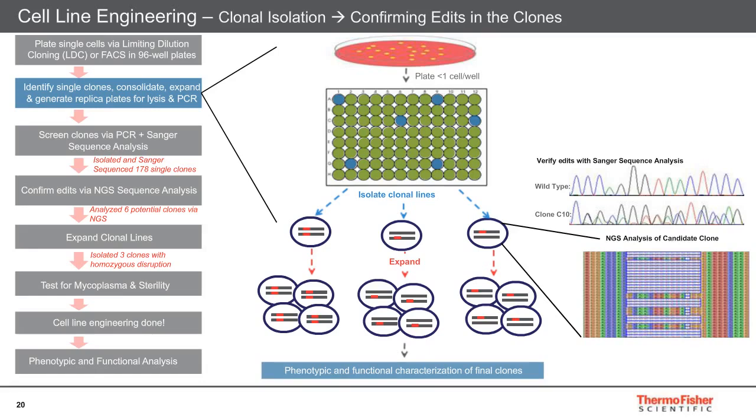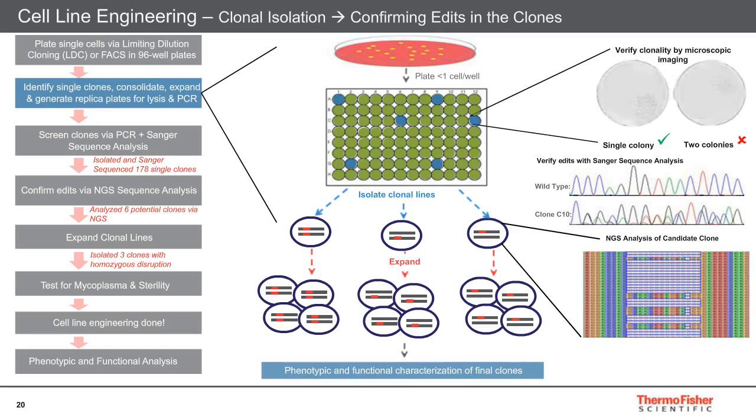And in our case, I just showed you the example of a single clone which contained a 1 base deletion and a 14 base deletion. Wonderful. And this particular clone is ready for further analysis.